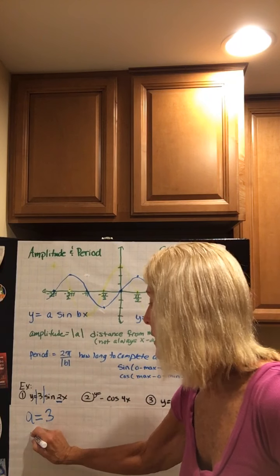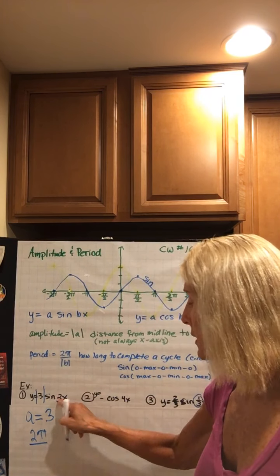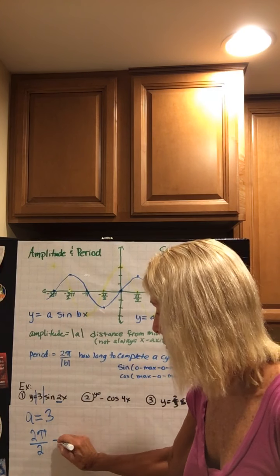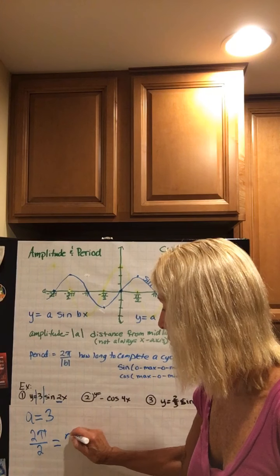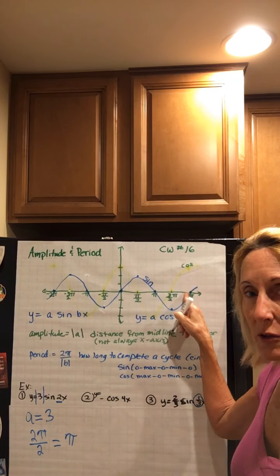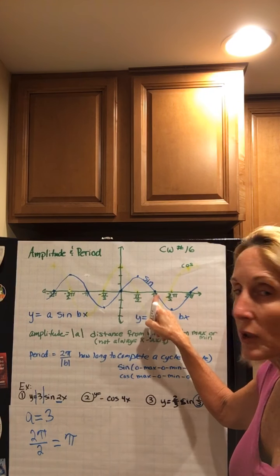To find the period, you look at your B, which is right here, and you take the formula: 2 pi divided by your b, which is 2, and so you can see that your 2's would cancel out. So for this particular graph, instead of going all the way to 2 pi to complete the cycle, it would only go to pi.